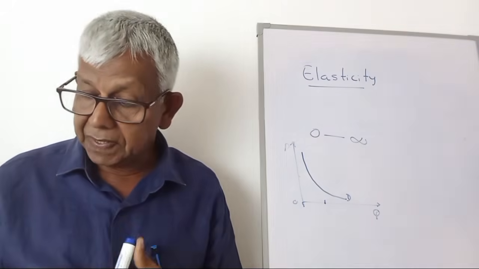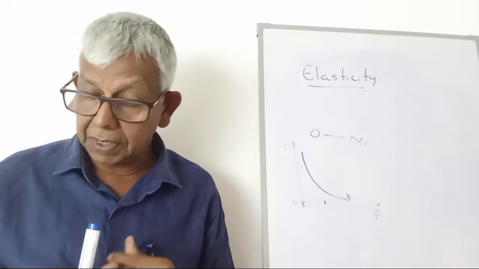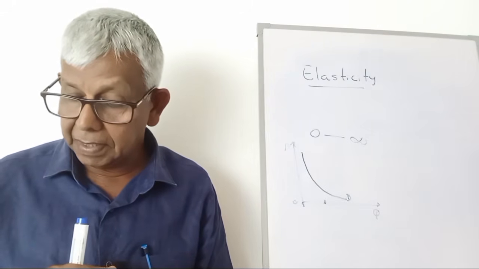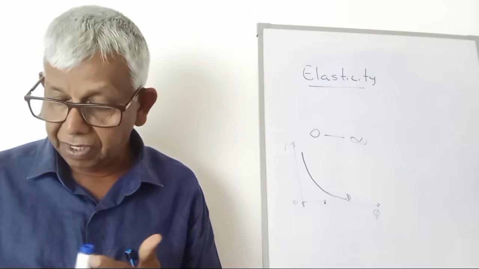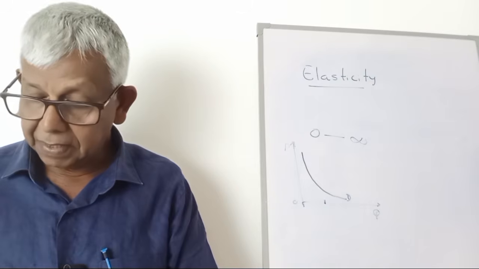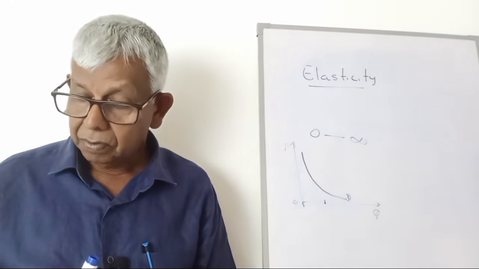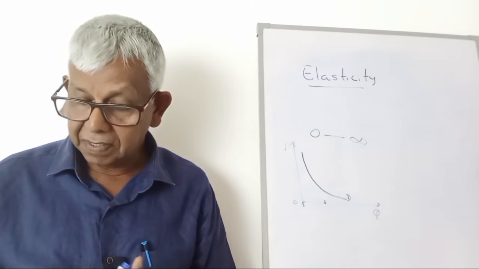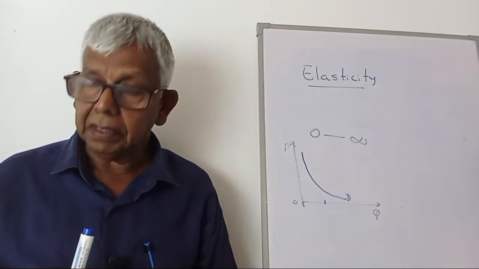When price is equal to 0, elasticity becomes 0, and when quantity is equal to 0, the elasticity becomes infinity. Between these two points, elasticity can be any other value.